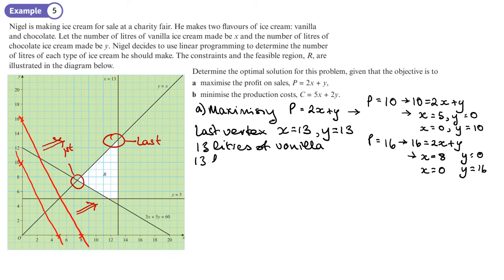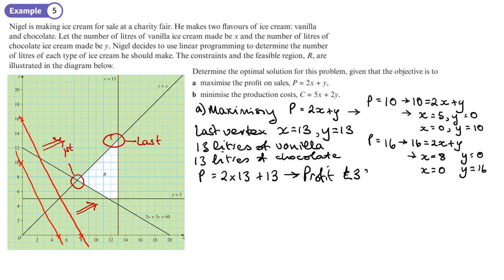Now I also need to state what the profit's going to be, and I just replace x and y with these values that I've got at this vertex here. So the profit, maximise this profit, is going to be 2 times 13 plus 13. So that will give him a maximum profit of £39.